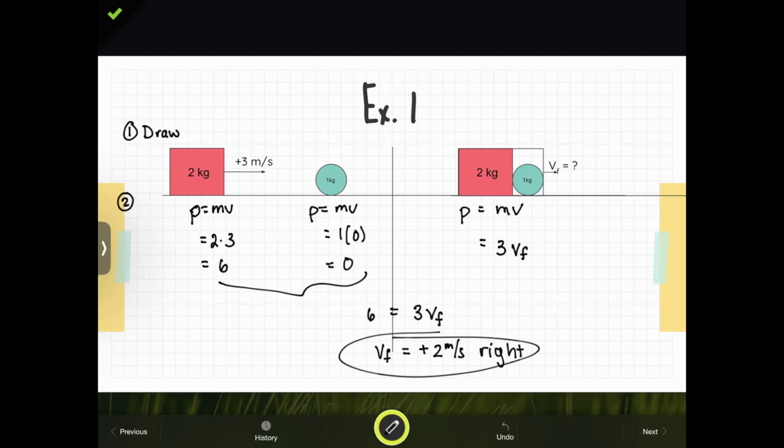So I calculate p equals mv once for each object. And that's one of the benefits of doing this type of drawing, right? Because then I just get the momentum of each one. Then I set momentum before equal to after. And finally, solve for the missing velocity.